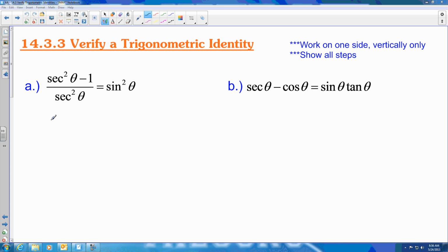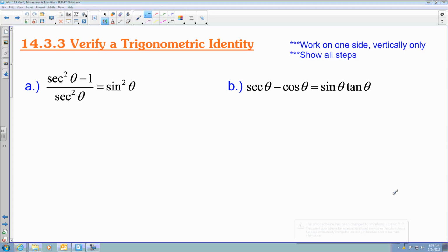So the goal of using trig identities is to be able to manipulate one side of the equal sign and get it to the other side. There's a variety of ways to solve this. The most common way is to pick one side of the equal sign and solve for it, and then verify that it looks like the other side.